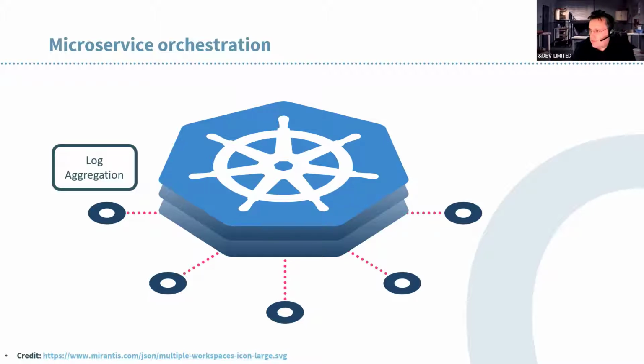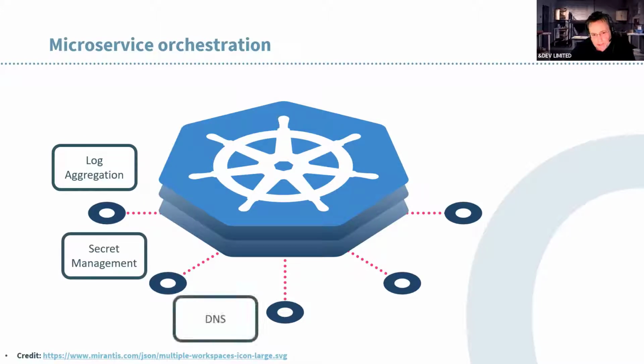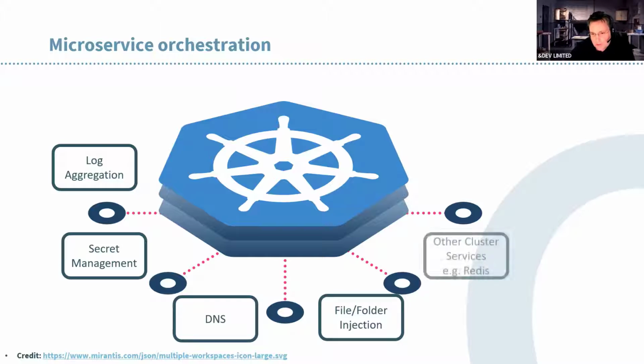A great example of that is log aggregation provided by the cluster, management of secrets and so on provided by the cluster, DNS and inter-service communication, being able to inject files or folders into the container, the ability to host other cluster services and have those available to our microservice, and also getting traffic in and out of the cluster.